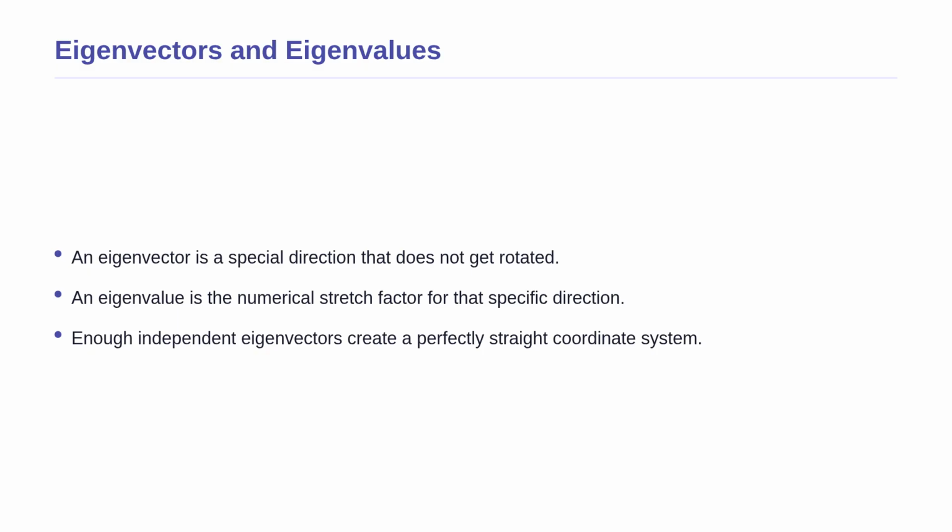It tells us exactly how much that specific eigenvector is lengthened, shrunk, or flipped. If we can find enough of these independent straight directions, we can build a brand new coordinate system where the matrix behaves perfectly straight. This is the core secret to breaking down complex transformations.